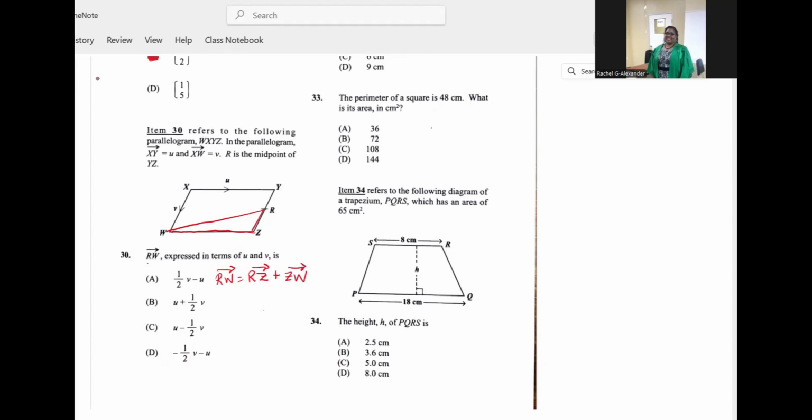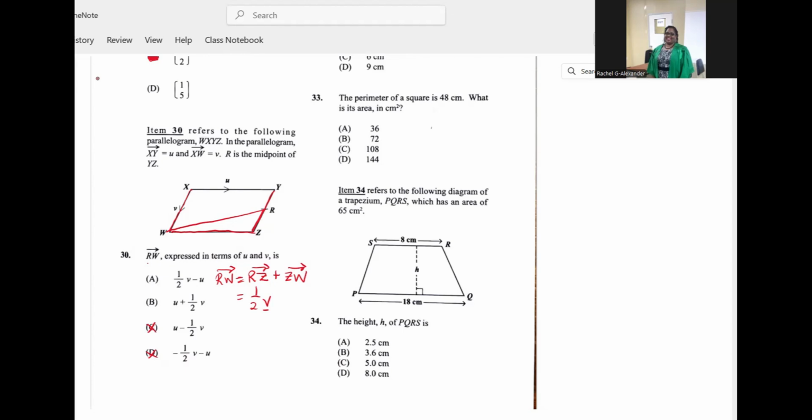So all those things I said were true, it's just that I did it back to front for some reason. So to go from R to Z is actually going in the direction of this V here. So if this is V, then here's also V, and that means that RZ will be half V. So we're looking for the answers that have half V in it, which is positive a half V. So the C and the D are out.